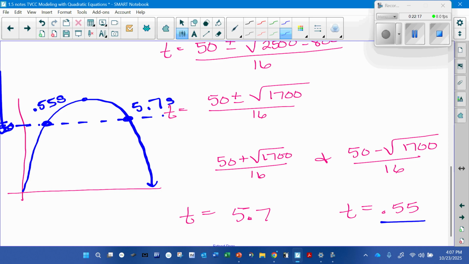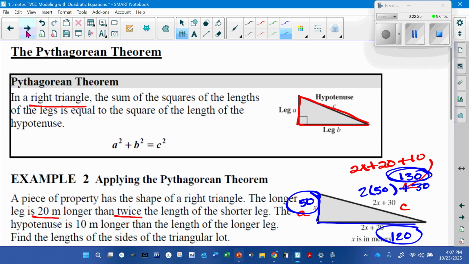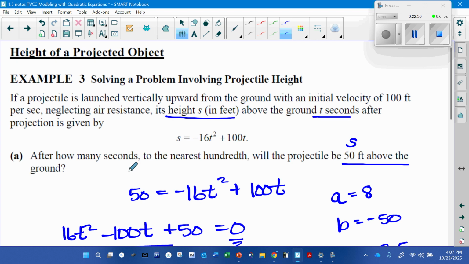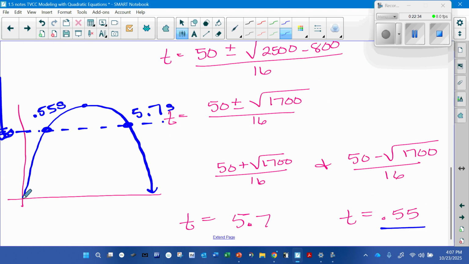All right. Now the next question here says, I keep losing my mouse, I'm so sorry. The next question says, how long will it take for it to return to the ground? So go back to my lovely photo here. We projected it when it was on the ground, so that means the height is 0.